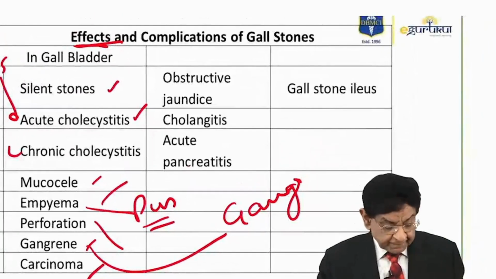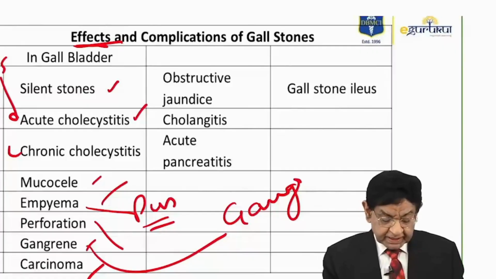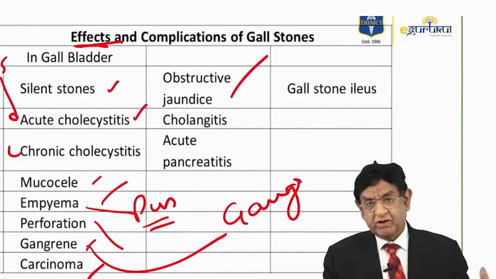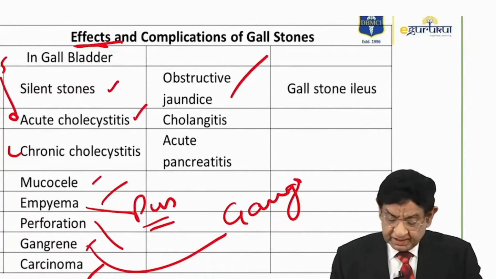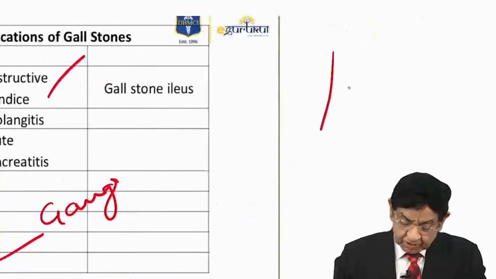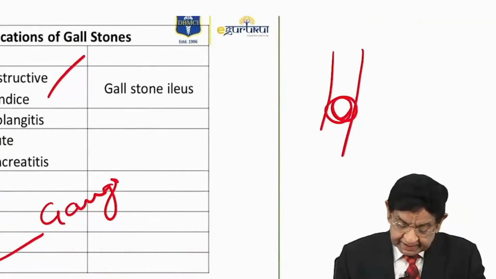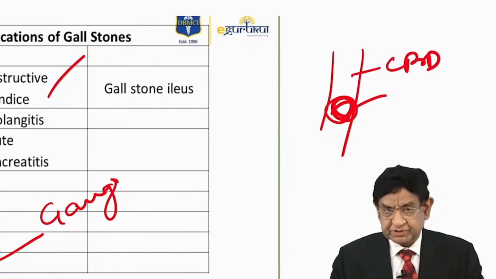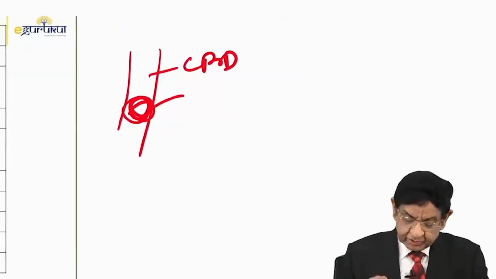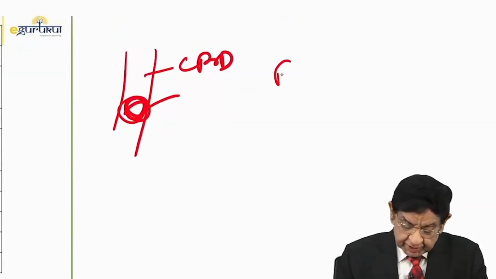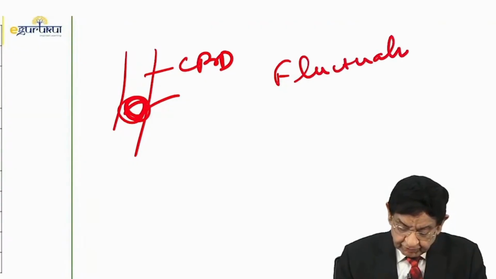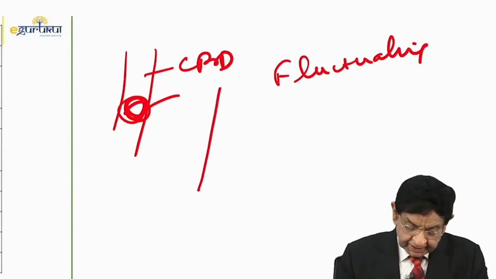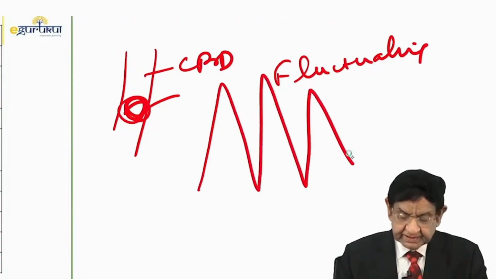What about obstructive jaundice? Definitely the gallstone is blocking the common bile duct, and it leads to a type of obstructive jaundice, and you get what? You get fluctuating jaundice. Fluctuating jaundice: the level increases, decreases, increases, decreases.